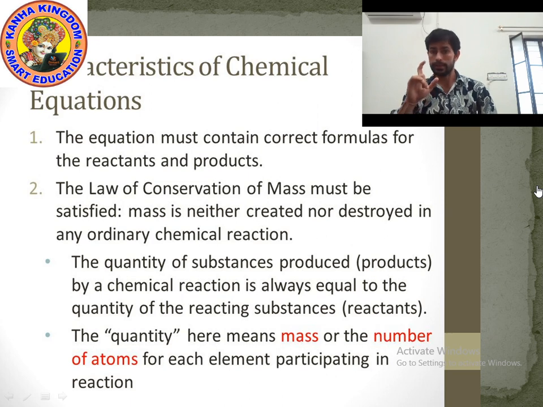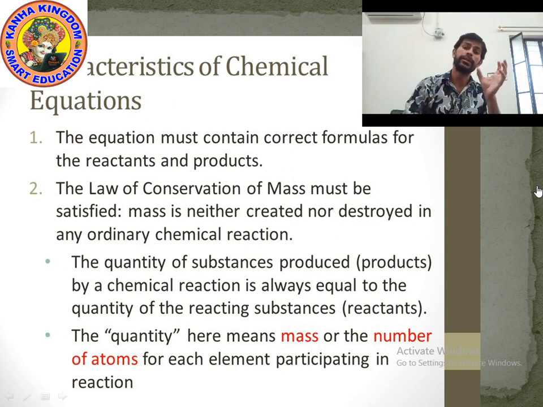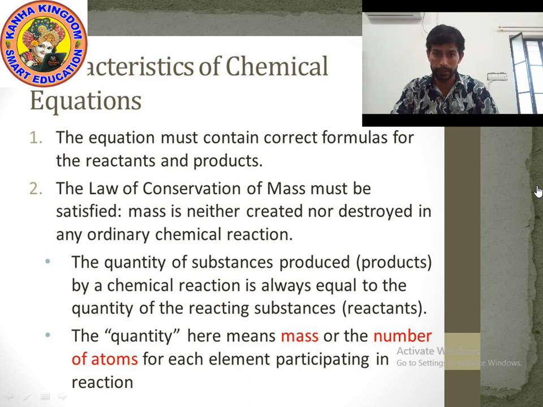If the formulas are not correct, then the equation will not be balanced. If you have written the reactants wrong, you will get the wrong product. Remember, the equation must contain correct formulas for the reactants and products.